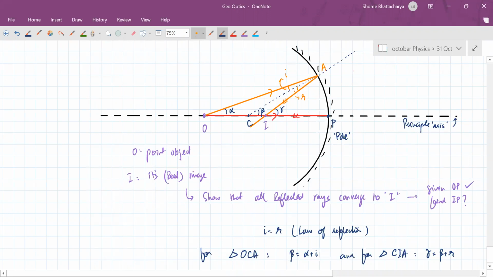They are both based on the same principle, that the exterior angle of a triangle is equal to the sum of the interior opposite angles. But here the two triangles that we have considered to express these laws are triangles OCA and CIA.